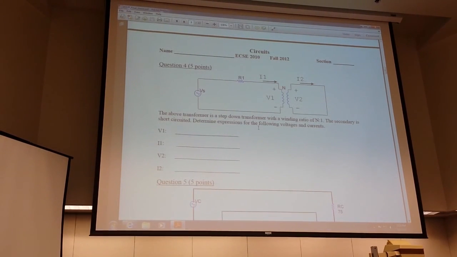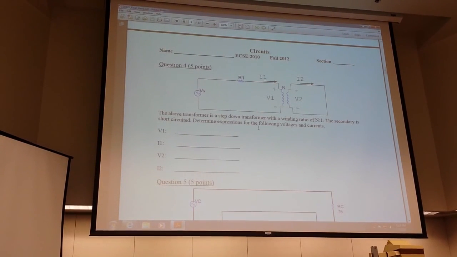So, about transformer step down, winding ratio n to 1. The secondary is short circuited. What's V1? V1 and V2 are trivial. V1 and V2 are 0. Comes out of our ideal transformer relationships. V1 and V2 must be 0. What's I1? Should be trivial now. Not 0.